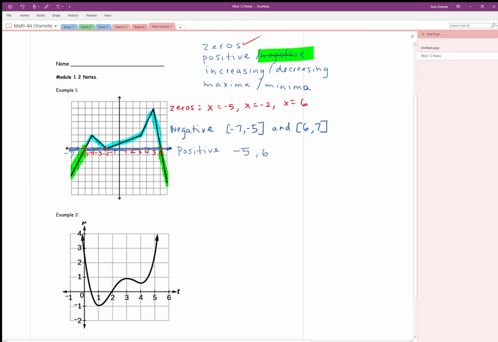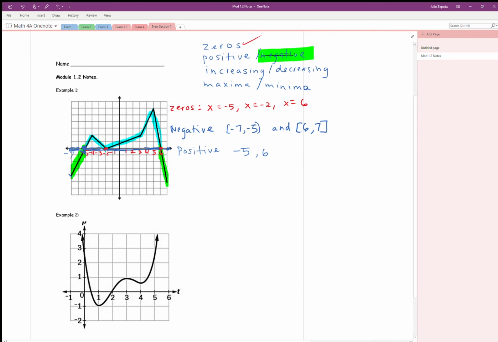And actually now I realize when I put the brackets before, we're going to actually put parentheses on some of them. And I'll explain why in just a minute here. So on the -5, I'm going to change that one to a parenthesis, because I'm noticing here -5, that's where it's equal to 0, so it's not negative right there. The graph is negative from here to here, but once it hits -5, it's now equal to 0.